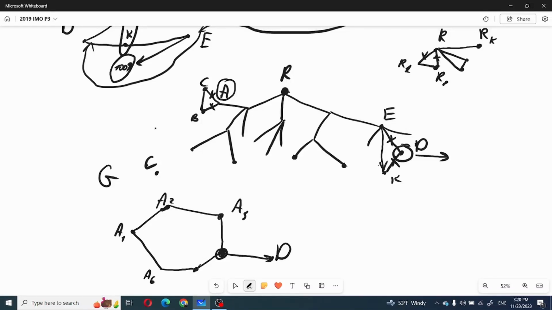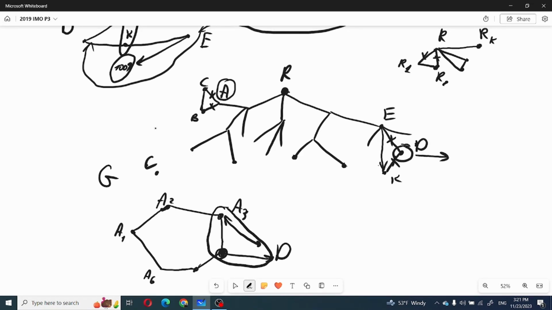If D is not connected to any of them, then we can split this cycle, like if D is not connected to A5, A3, we can make the operation for A2, A1, A2, A3, and these three edges will give us D connected to A3, and nothing will be changed.